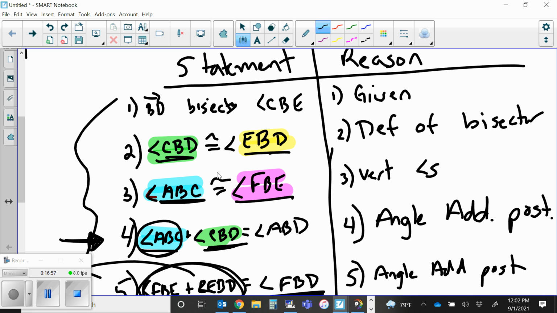Angle ABC is then equal to angle FBE because they are vertical angles. You're literally just taking this and turning it into a sentence. That is called a paragraph proof. So what do I always do to get a paragraph proof done? I do a 2-column proof, and then I change it to a paragraph. Does that make sense?